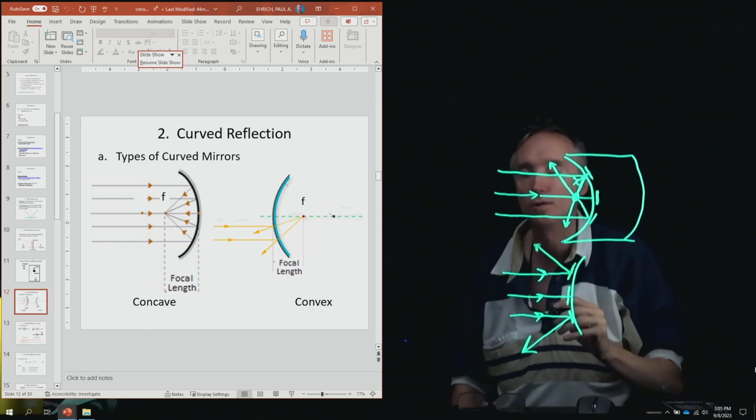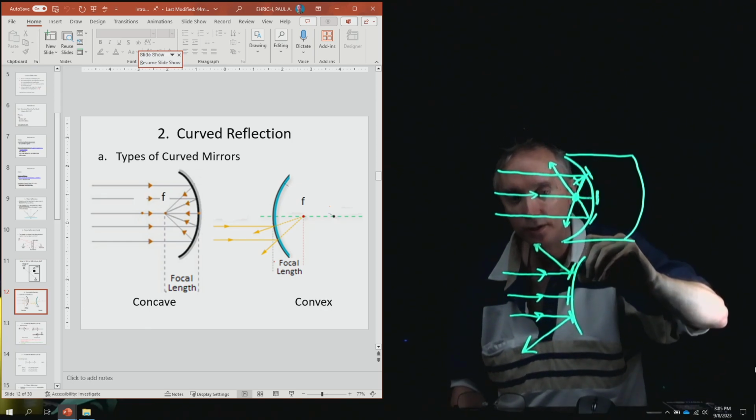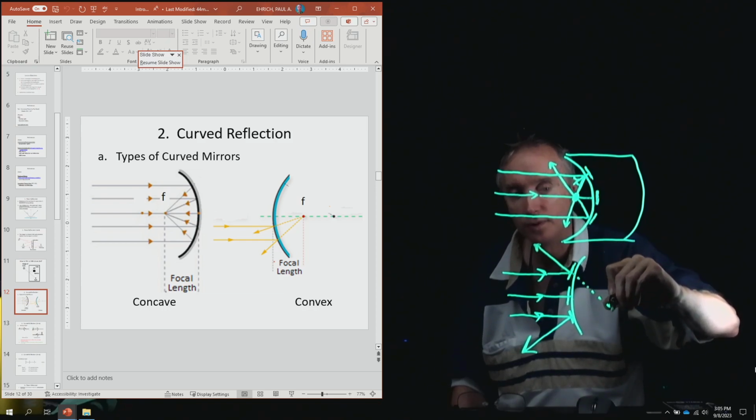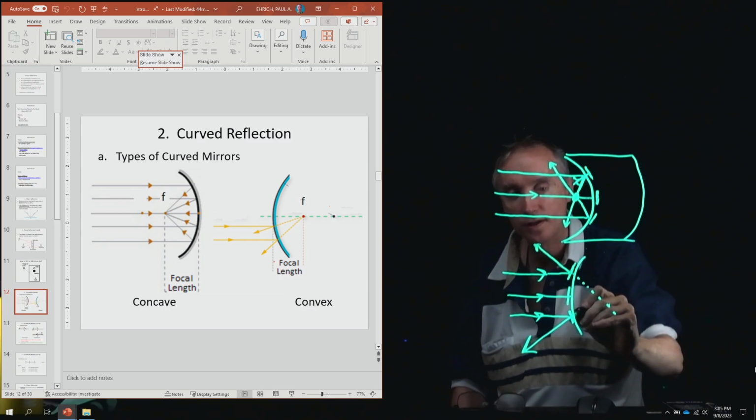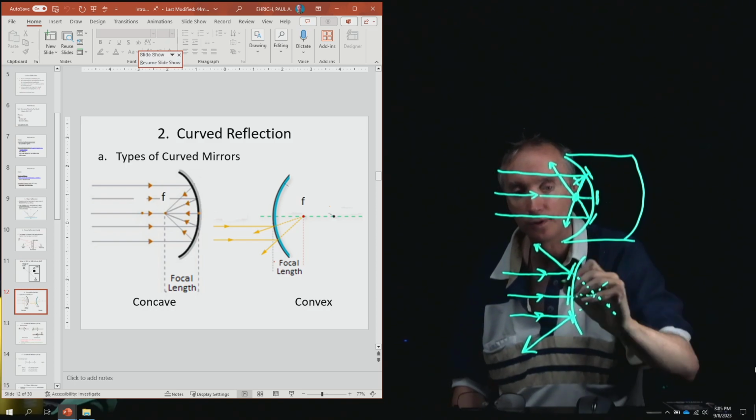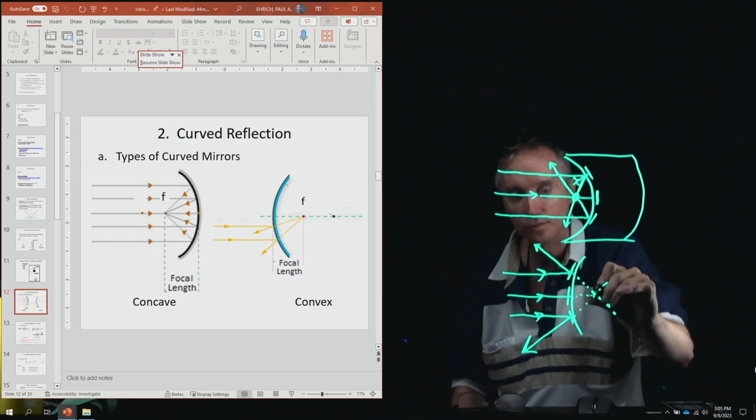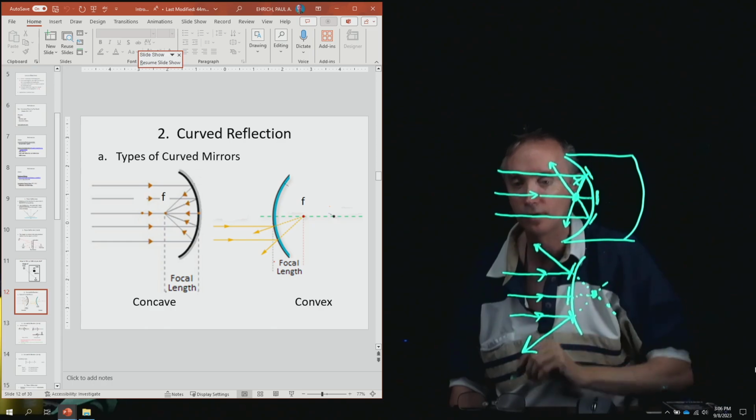But notice what we can do is extend this line behind the mirror, and this line, and this one. And so this would be the focus of a convex mirror.